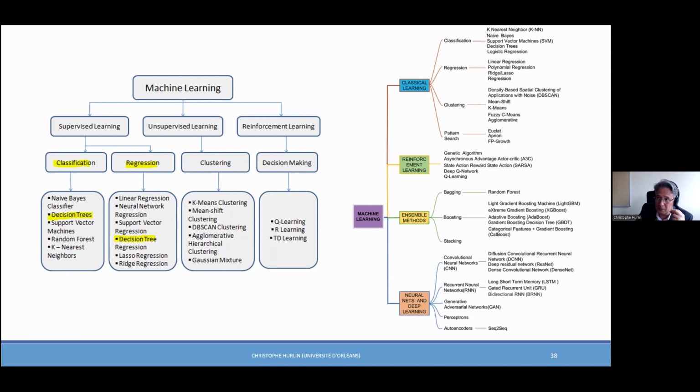I will focus on what we call the ensemble methods, and I will discuss with you bagging with the random forest, and if I have some time, boosting. And I will discuss here the famous XGBoost algorithm.